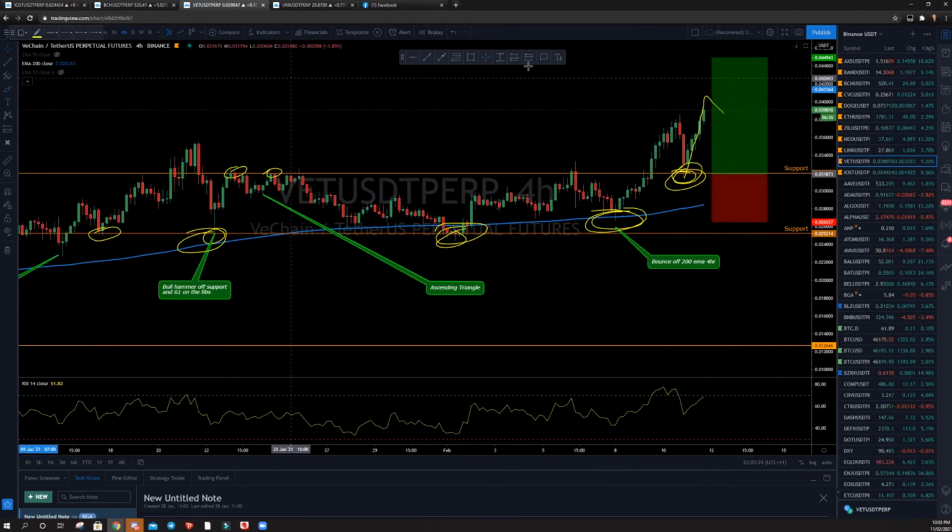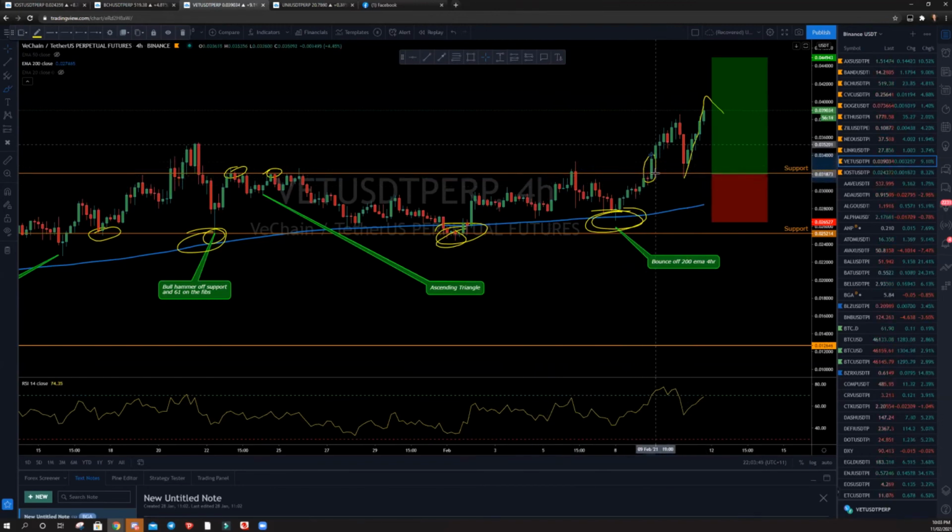And this is the classic break and retest. If you have a look at the way it broke that resistance, there's a massive green candle right here. Well, it's massive to me anyway. This is a 4 hour big green candle break. No wicks, no nothing. Just a big green candle.